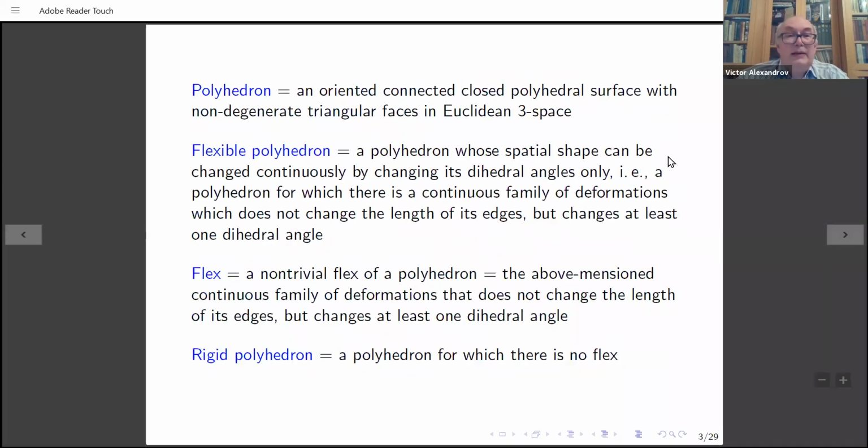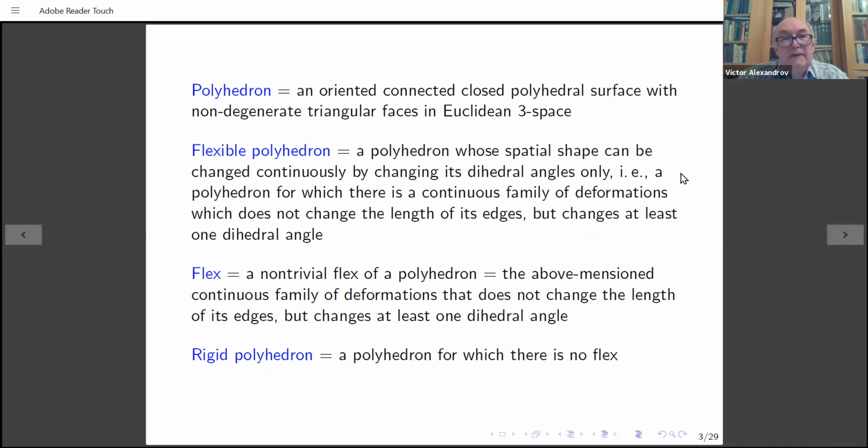Okay, so for me, a polyhedron is an oriented, connected, closed, two-dimensional polyhedral surface with non-degenerate triangular faces in Euclidean free space. A flexible polyhedron is a polyhedron whose spatial shape can be changed continuously by changing its dihedral angles only.